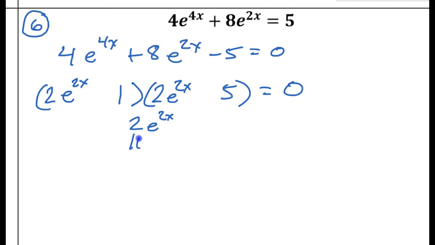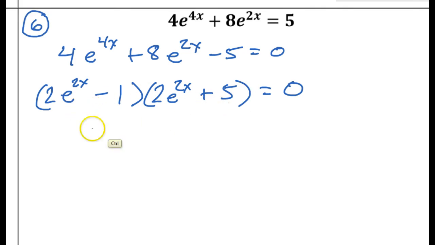Outer, I have 10e to the 2x power. I'm trying to get 8e to the 2x power. So that will happen if I have a negative 2 and a positive 10. So if I put the negative here, that'll give me the negative 2. If I put the positive here, that'll give me the positive 10. And negative 1 times positive 5 is negative 5, so that works out. So I got lucky. If that hadn't worked, I would have gone back and tried 1 times 4 instead of 2 times 2. But it did work, so we're good.